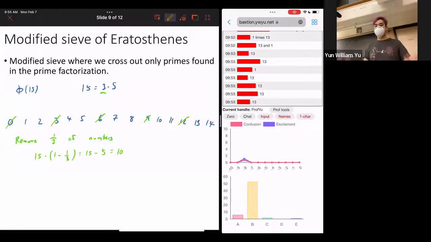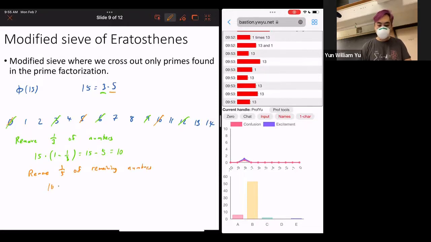Okay, so that was getting rid of all the ones that were multiples of 3. What about multiples of 5? Well, 0 has already been removed, and you remove 5 and 10. That's 2 numbers, and we have 10 numbers left. So we've removed 1/5 of the remaining numbers.